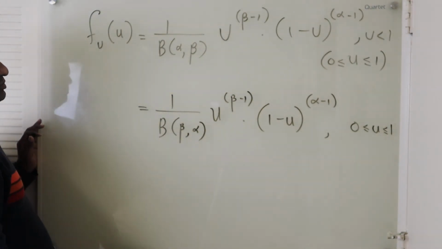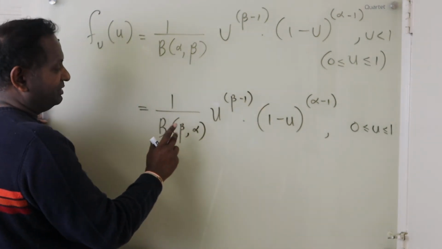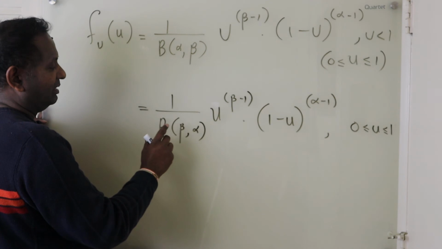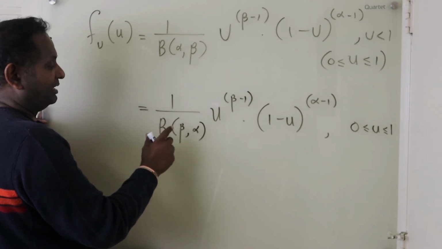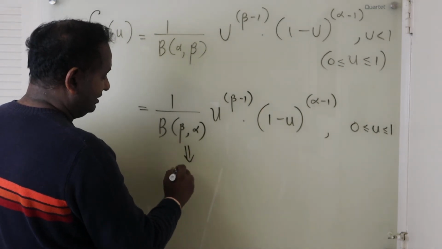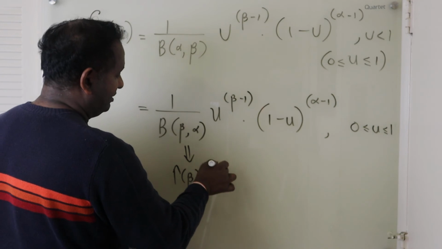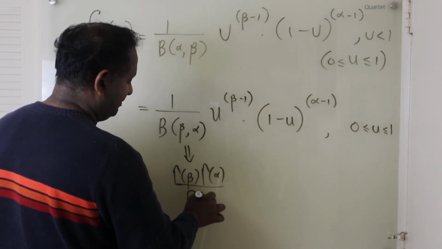So this is nothing but the same thing, but I flipped this one. It doesn't matter whether you write the beta function as beta comma alpha or alpha comma beta, because this is nothing but gamma beta times gamma alpha over gamma of alpha plus beta.